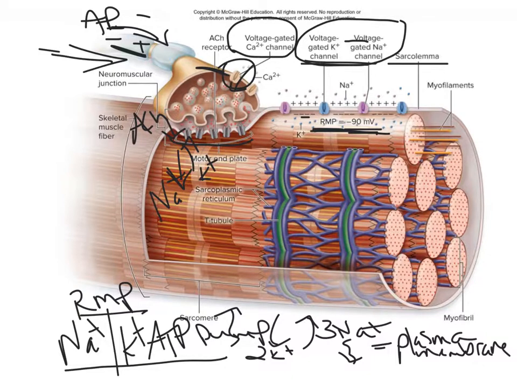As sodium enters into the cell, you get more and more positives, and you eventually will change the voltage enough that you can open these voltage gated channels. But when the cell is at rest, you end up having the minus 90 millivolts, and you have calcium stored within the sarcoplasmic reticulum.